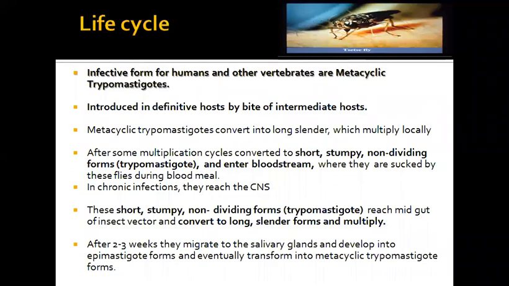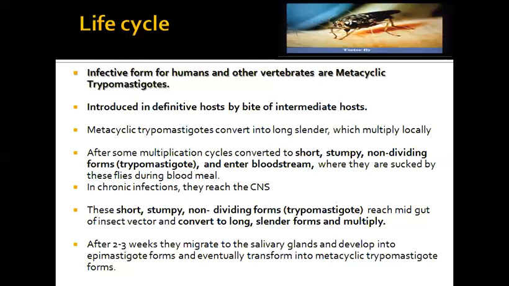The infective forms for humans and other vertebrates are metacyclic trypomastigotes. They are introduced in the definitive host by the bite of the intermediate host. So they are introduced in humans by the bite of a tsetse fly. The metacyclic trypomastigotes are present in this intermediate host, and they are inoculated in the humans.